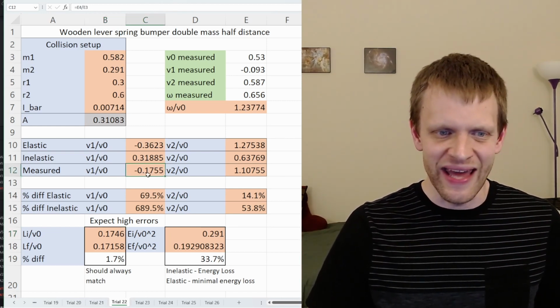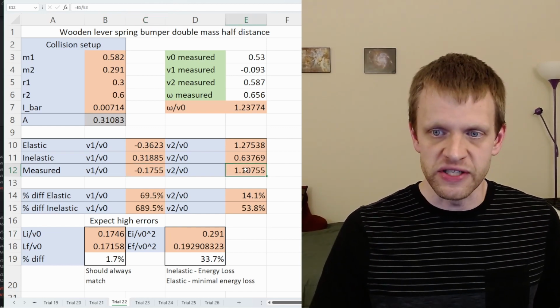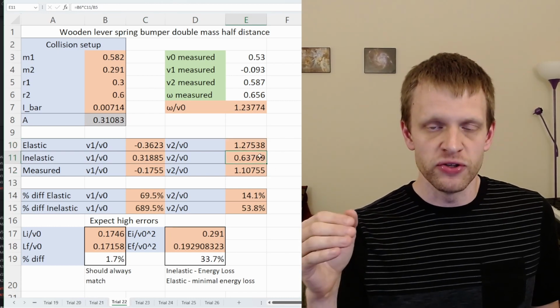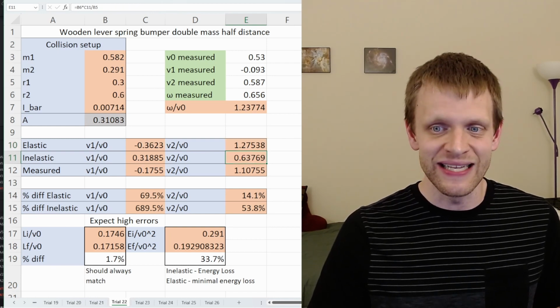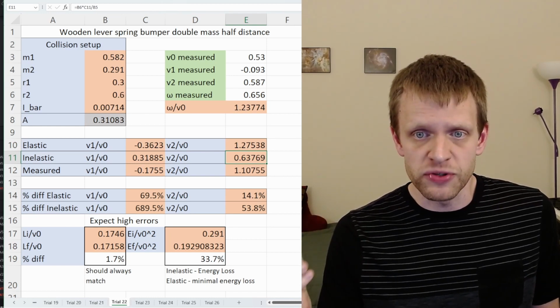In each and every case that we looked at, the measured final velocities of carts 1 and 2 were within the expected ranges between the perfectly elastic case and the completely inelastic cases, as predicted by standard physics principles.